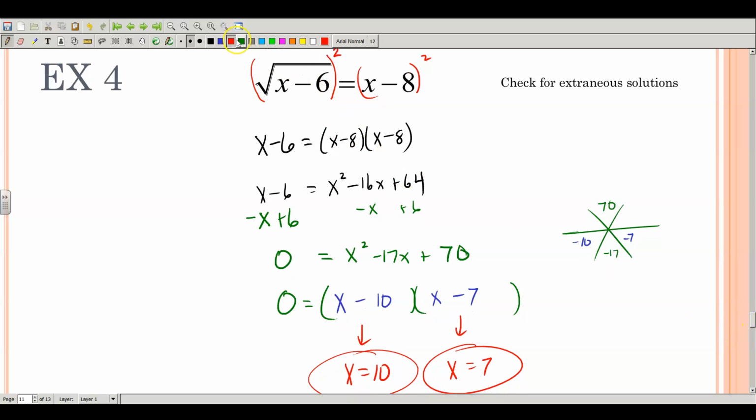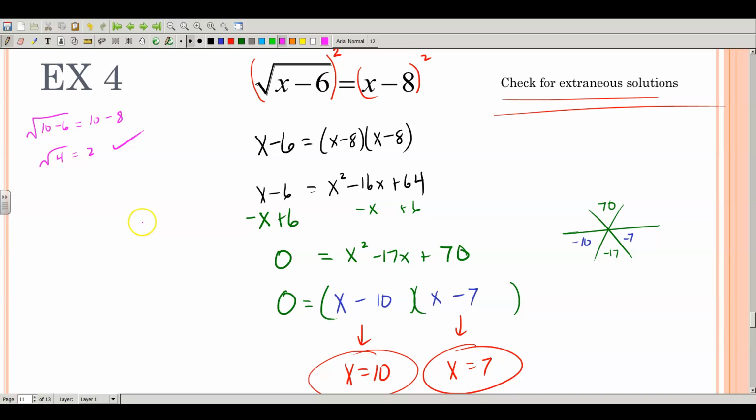And so what we'd have to do here is check our answers, because it says to check for extraneous solutions. So if I say x equals 10, that's one of my answers. Let's just see if that one is correct. If I plug 10 into that equation, I get the square root of 4 equals 2, and that one seems to work out just fine.